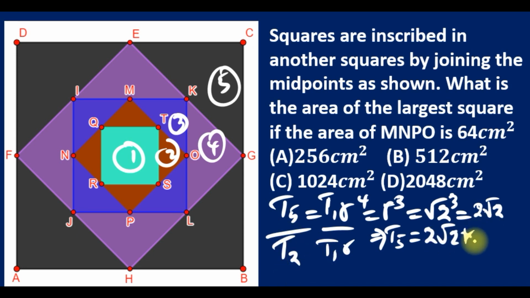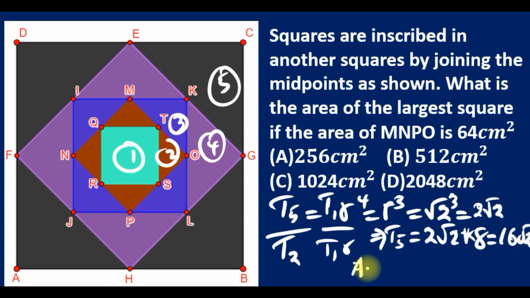And T2, from the question, the area is 64, meaning the side is 8, because for a square, the area is length squared. So T5 is 2 root 2 times 8. So the side length of the largest square is 16 root 2.